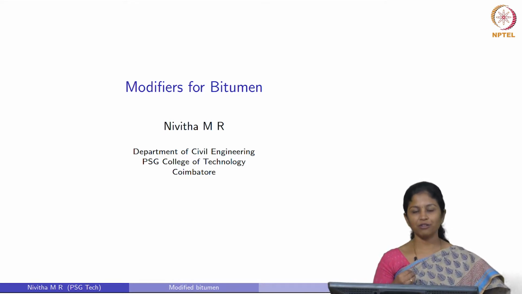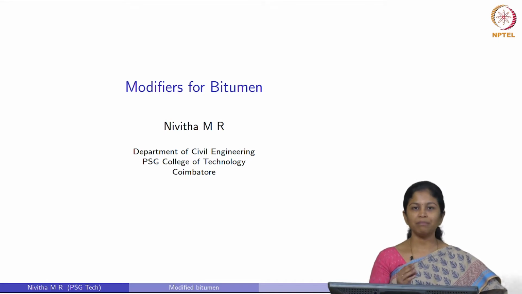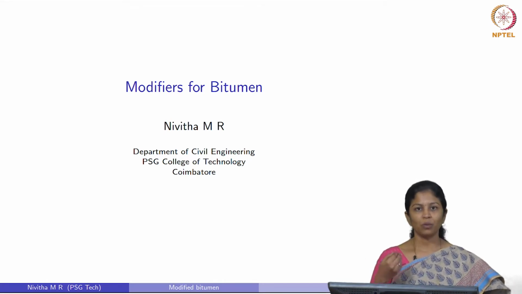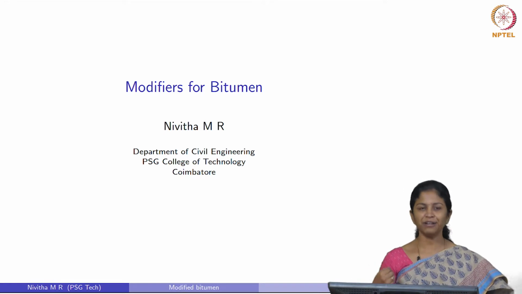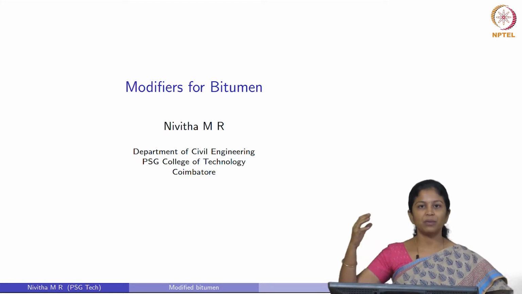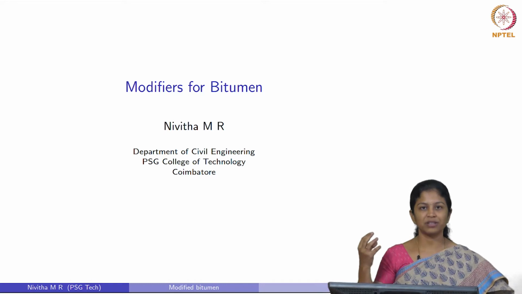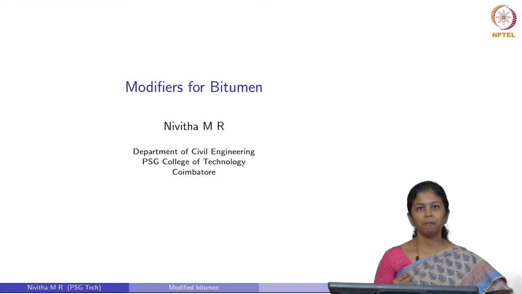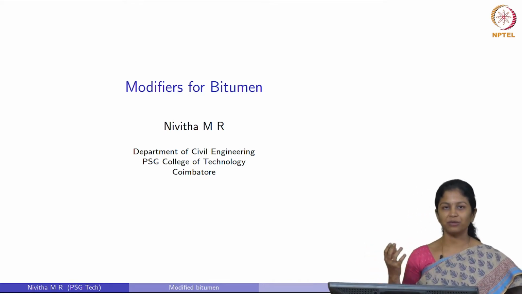This addition of modifiers to bitumen can be looked into in two ways. One is we identify an area where a specific improvement in property is required. For example, we have locations where the temperatures are very high, where the pavement temperature rises up to 60 to 65 degrees.